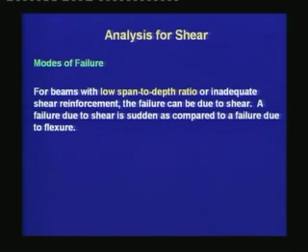Earlier, when we studied the behavior of a beam under flexure, we had studied the moment curvature curve and we had studied the ductility. We understood that after the steel yields, the section is able to resist the strength with some large deformation.